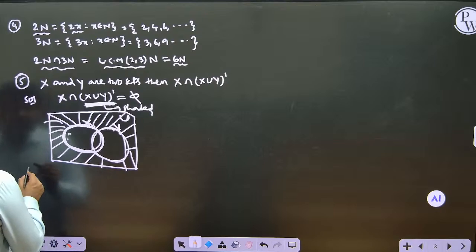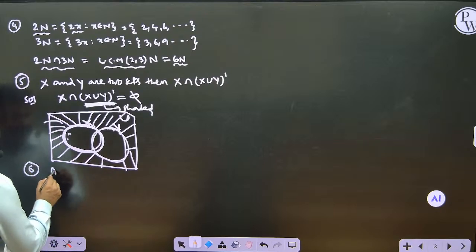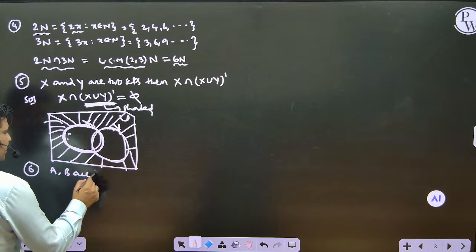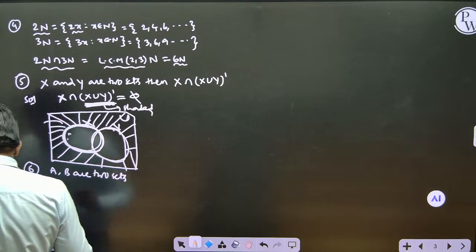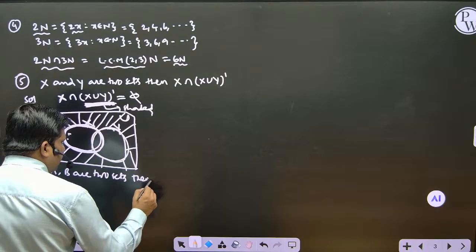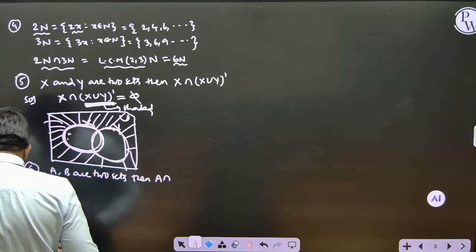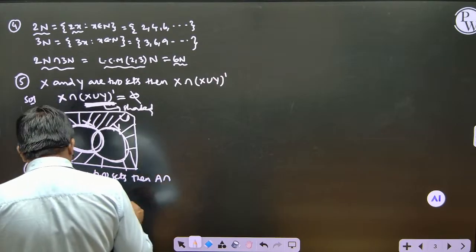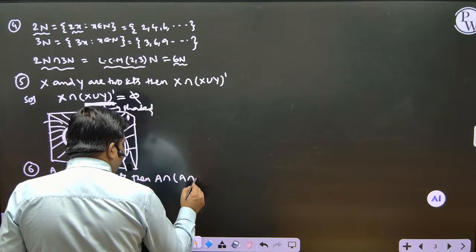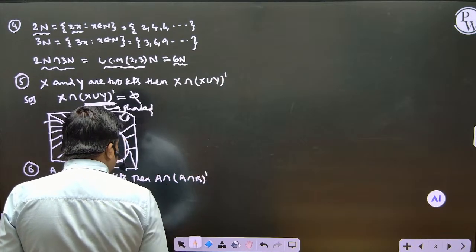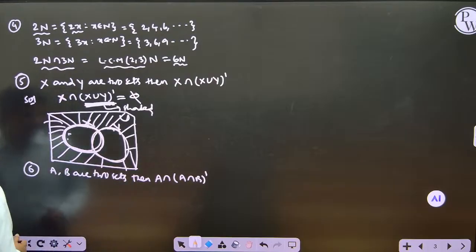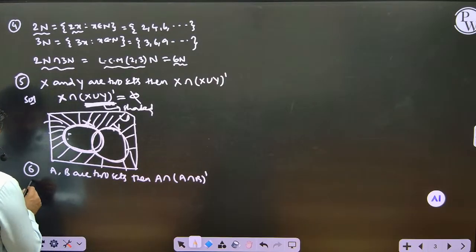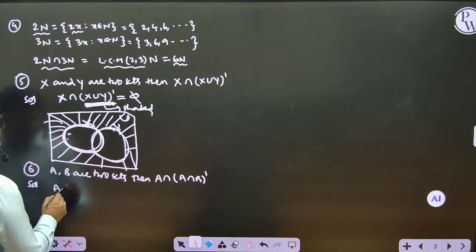Next, in a similar way, A comma B are two sets. Then A intersection B whole complement. So you want to find A intersection B whole complement.